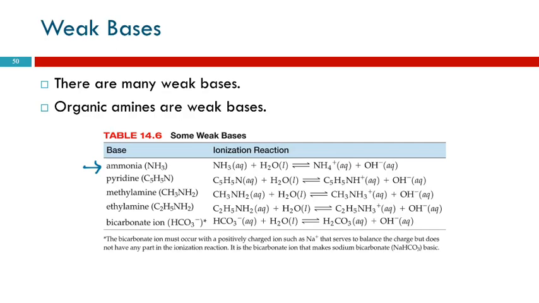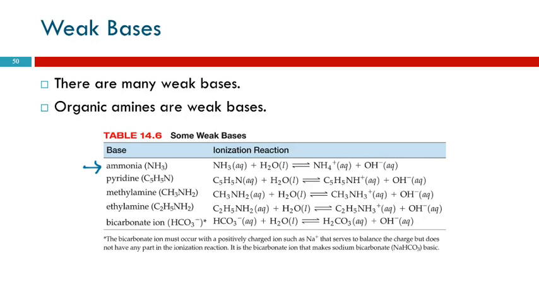There would have to be something else in there with the bicarbonate ion. Does bicarbonate look like it could act as an acid? Does it start with hydrogen? It does. Bicarbonate ion can also act as an acid and donate a hydrogen.